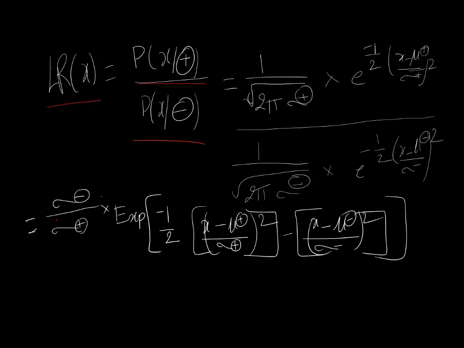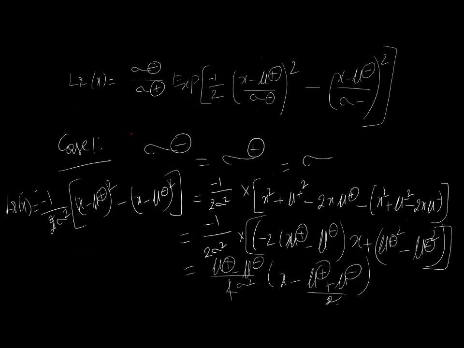That gives you rho negative by rho positive into e power minus 1 by 2 [((x minus mu positive) by standard deviation positive) whole square minus ((x minus mu negative) by standard deviation negative) whole square]. This is the final formula.